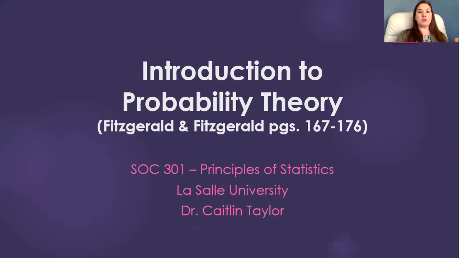So for this first one, before watching this lesson, you should have read the PDF, the Fitzgerald and Fitzgerald, pages 167 to 176. This week's lessons are ones where I generally really like our textbook. The only stuff I don't think it does well is the stuff that we'll do in this module. That's why there are these supplementary textbook readings instead.